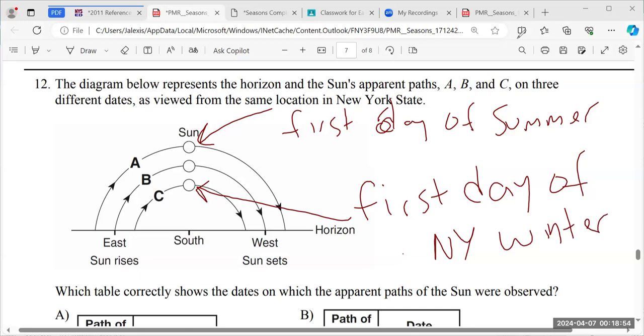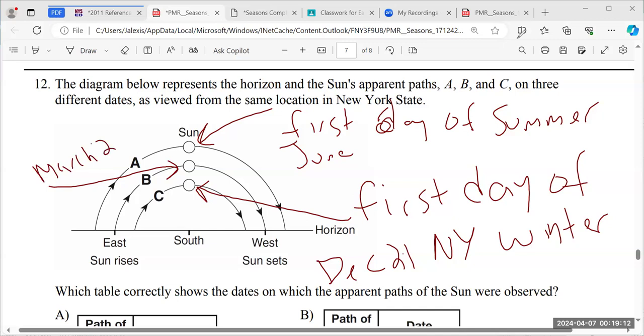And since I know the first day of winter is December, let's say December 21st, the first day of summer is June 21st. B is in between. So B can be March 21st, which is the equinox, or September 21st, which also represents the equinox day.